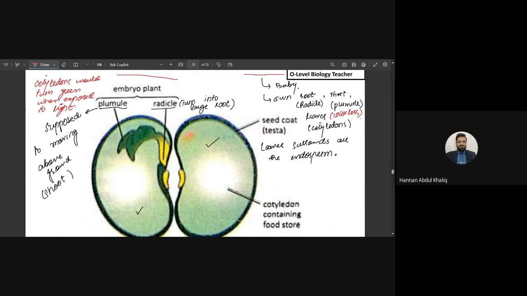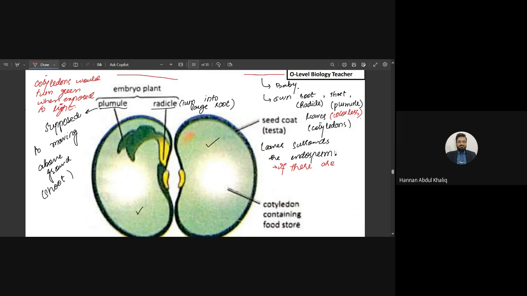Another very important thing: leaves surround the endosperm.